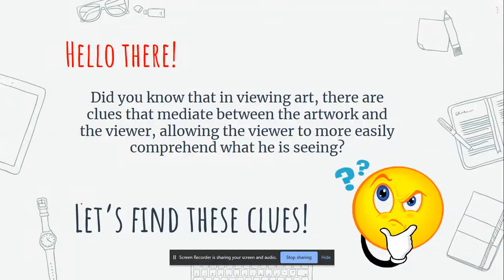Hello there! Did you know that in viewing art, there are clues that mediate between the artwork and the viewer, allowing the viewer to more easily comprehend what he or she is seeing? Okay, now let's find these clues.